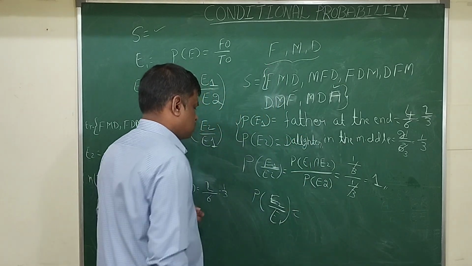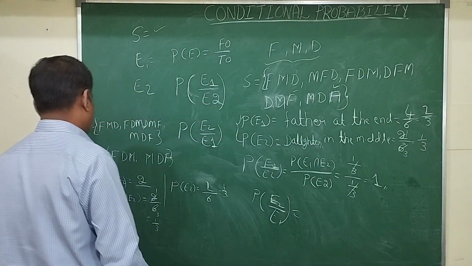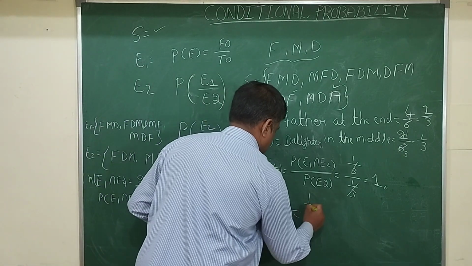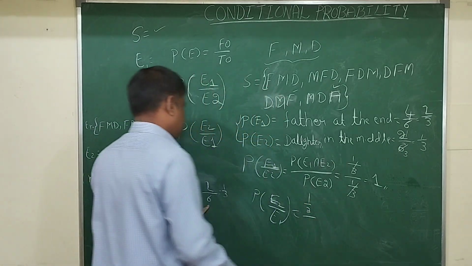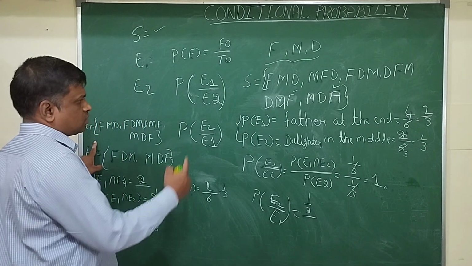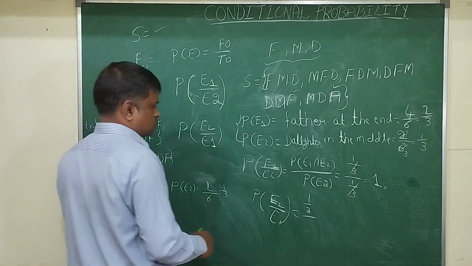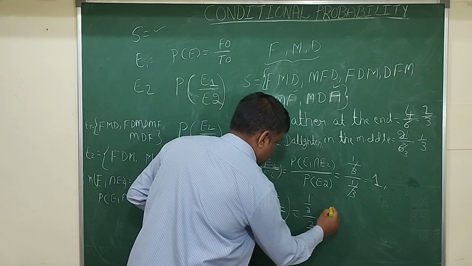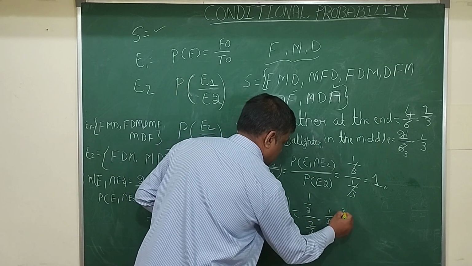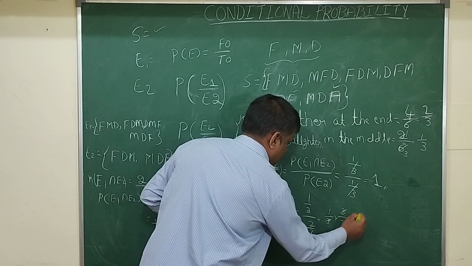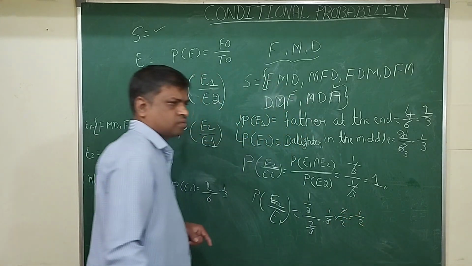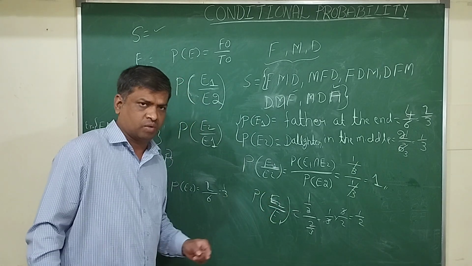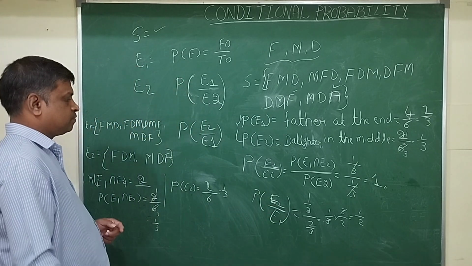Now, what is the probability of E2 with respect to our sample space? 1 by 3, and the probability of E1 is 2 by 3. Both are not equal, it's a very important point. So 1 by 2. Probability of E2 given E1 is 1 by 2.